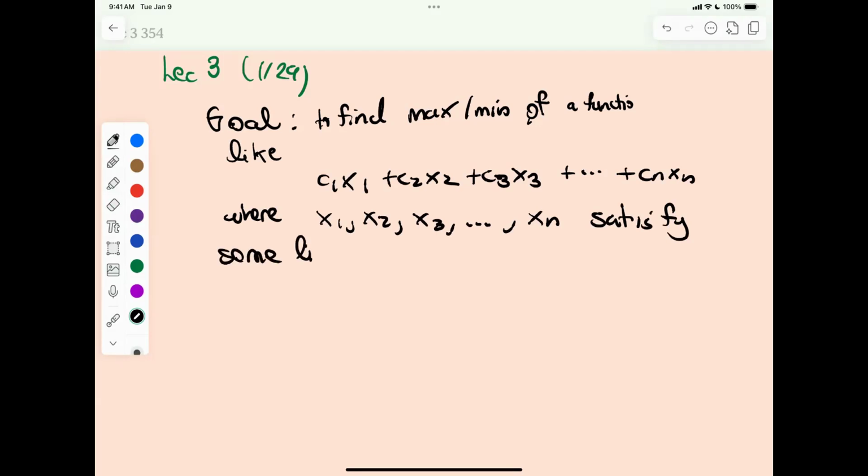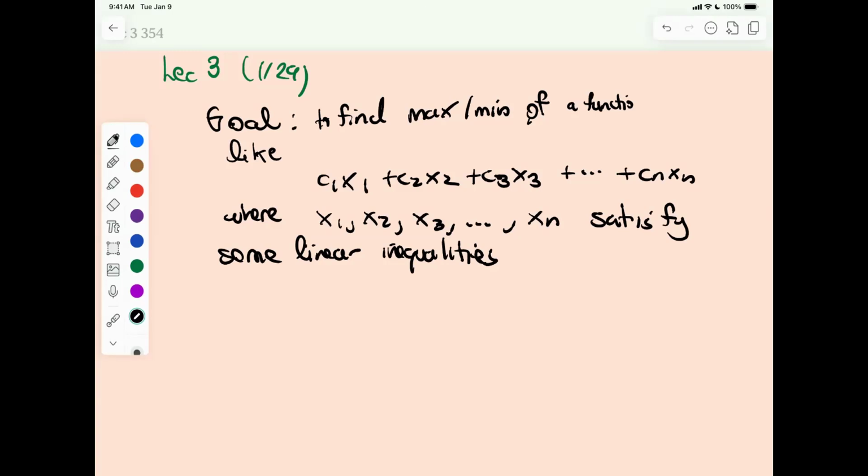Linear inequalities. I gave you some examples with the farmer's problem in the first two classes of how those problems typically look.